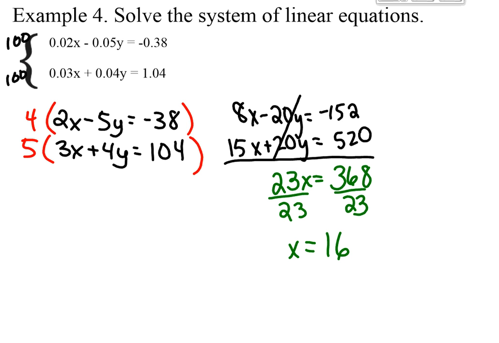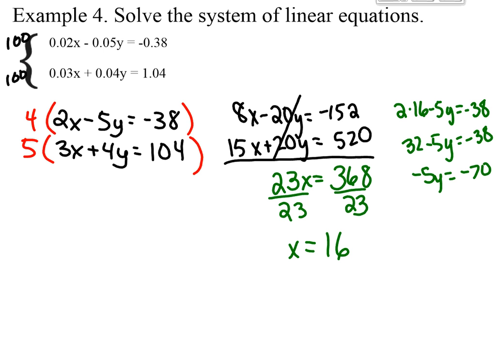And then to back substitute, and I will comment that really I could back substitute into any of these. I'm probably not going to back substitute into the one with decimals, although I could. It wouldn't really matter. And I'll just back substitute into that first one. 2 times 16 minus 5y equals negative 38. 32 minus 5y equals negative 38. Subtract 32, negative 5y equals negative 70.